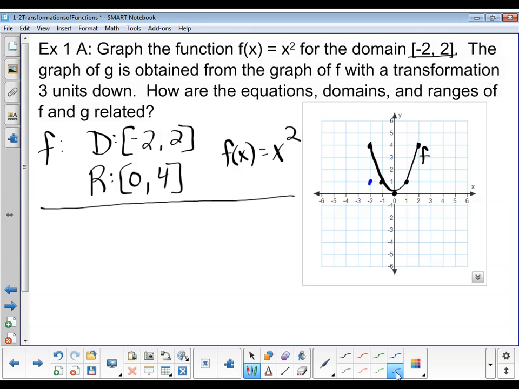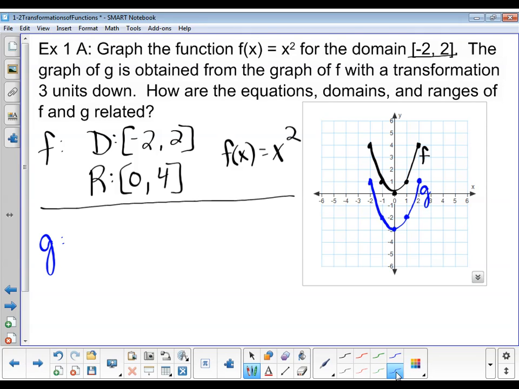The point -1, 1 is going to move down 3 to 1, 2, 3, -1, -2. 0, 0 is going to move down 1, 2, 3 to 0, -3. 1, 1 is going to move down 1, 2, 3 to 1, -2, and 2, 4 is going to move down 3, 1, 2, 3 to 2, 1. So I'll connect those and label that one g.